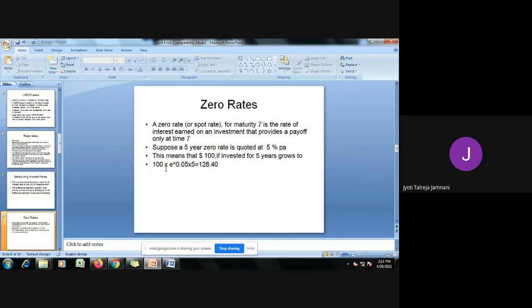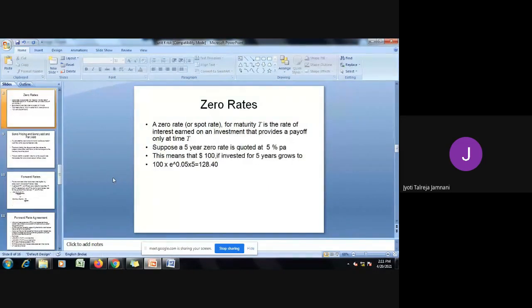So how do you find the value of that particular bond? $100 is the loan or the bond value into e raised to RT. R is 0.05, T is 5 years. So it is 128.40. So if I have to sell this bond today, its face value should be somewhere around 128, and I can sell it for 100. So that 28 rupees difference will be the zero rate.